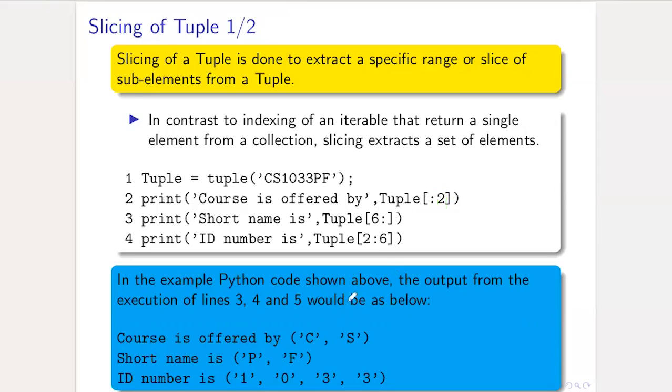That is how you get the course code. The first 2 letters define the department offering it, so CS is Computer Science Engineering. Then we have the short name of the course, Programming Fundamentals, given from the sixth element onwards, or address location 5.